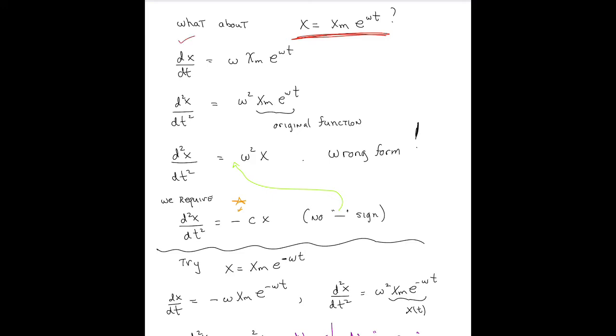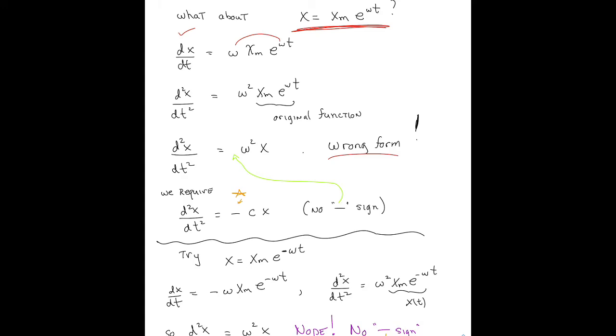So I take one derivative, I get omega that comes outside, and then I take a second derivative, I get another omega, looking good so far. That's my original function right there. So for this function, I'll put in what x is. That original function is x, but that has the wrong form. I'm supposed to take two derivatives, get minus a constant, which I don't have, times the same function back. So that doesn't work because there's no minus sign right there.